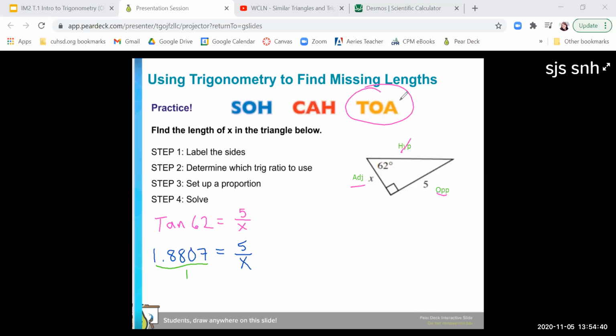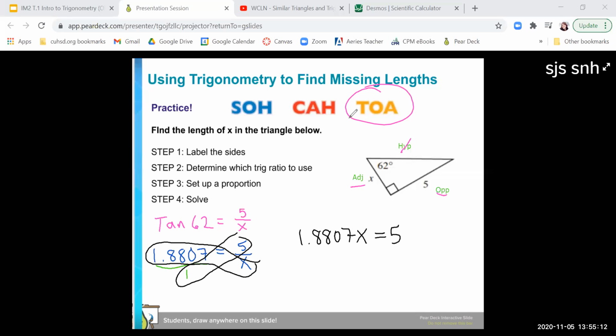This time is a little different because the variable we're trying to find is in the denominator, so the way the numbers work out when we cross multiply is going to be slightly different than before. So just be very careful with your work. But notice this: we have 1.8807 times x equal to 5 times 1, which is 5.